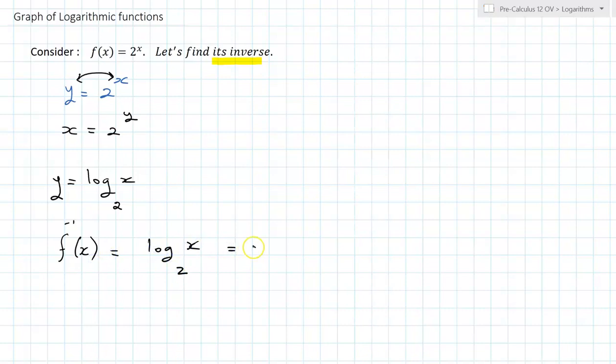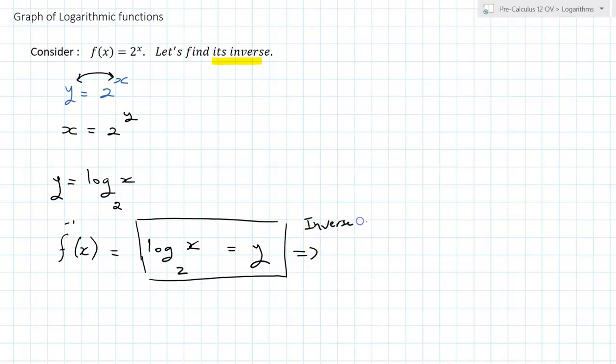Here is the very basic parent logarithmic function, which is the inverse of y equals 2 to the x, the parent exponential function.